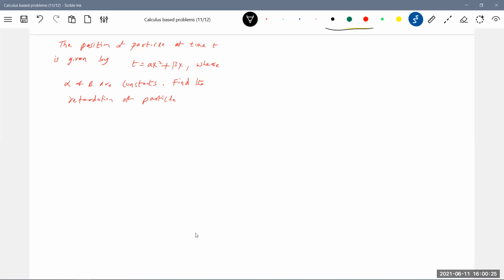Find the retardation of the particle. Again, solving for x, it's better to directly differentiate this.